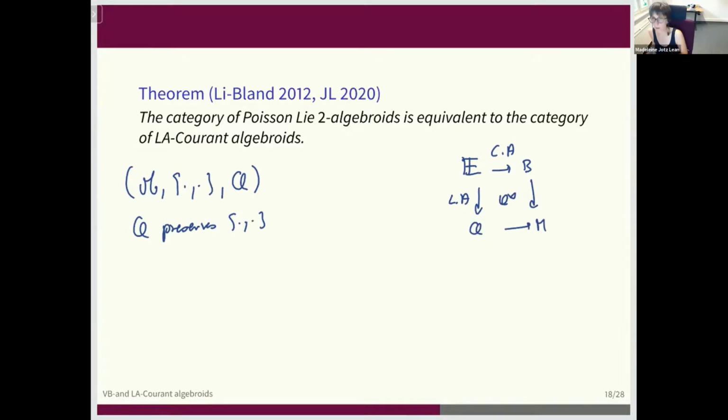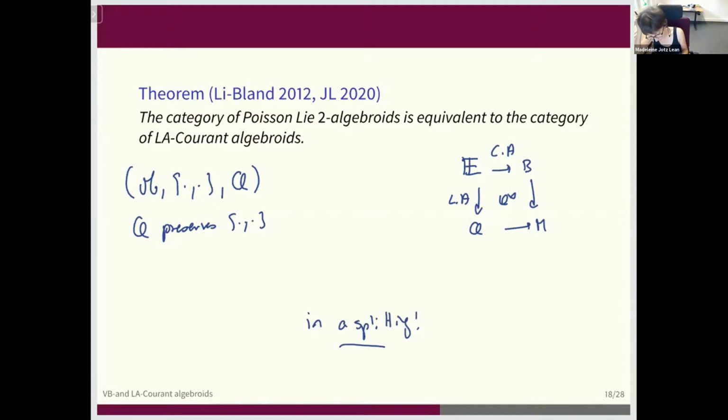And Q preserving the Poisson bracket, I must say, in that picture is really difficult to express. So it's a lot of work. But by looking at the compositions, you can really show it's just the same on both sides. You had some structures, a split Lie-2 algebroid that is compatible with a representation up to homotopy, which is the same as the Poisson structure. So that works well in a splitting.